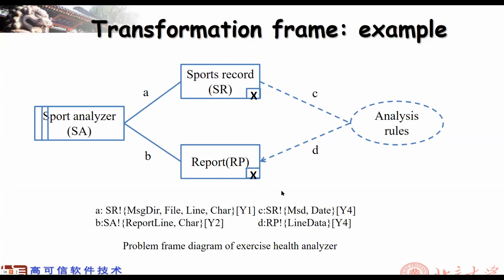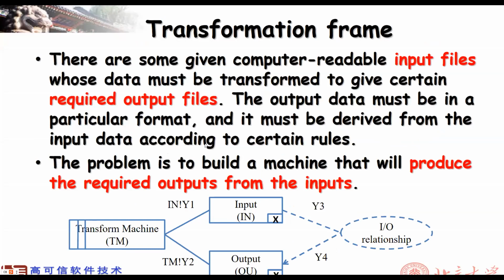So to generalize it, actually, it's like this. This is a transfer machine, and this is input. It's a kind of x. The output is also a kind of x. And the phenomena are all the y phenomenon, which means symbolic phenomenon. And these analysis rules are actually the I/O relationship.